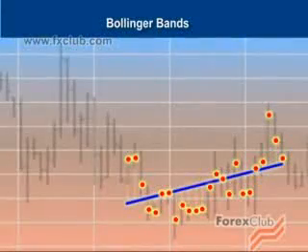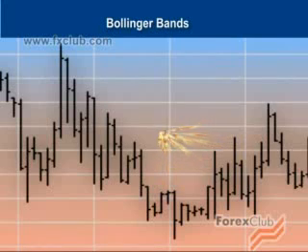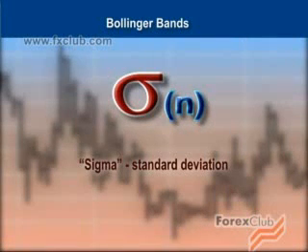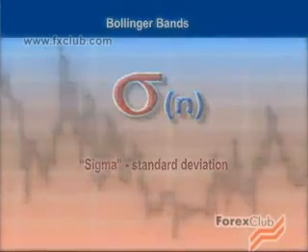The minimum sum of the deviations of the close price is the basis of the calculation of sigma, the standard deviation. And the standard deviation is the statistical measurement of price volatility for the period n. Sigma is a factor of the width of the range in the Bollinger range.